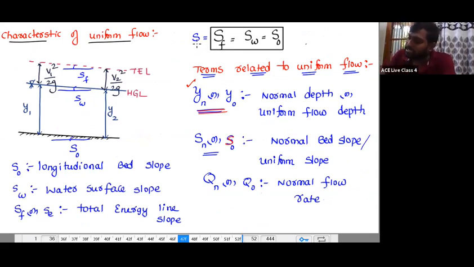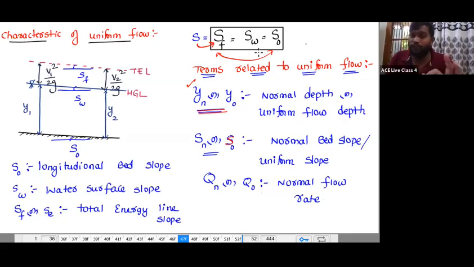Because generally the slope S means SF. In the case of uniform flow, SF and S naught are both the same.